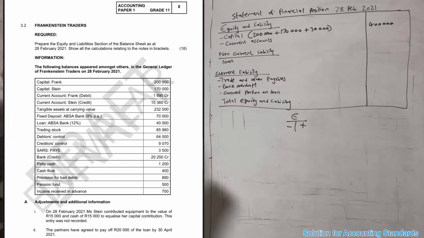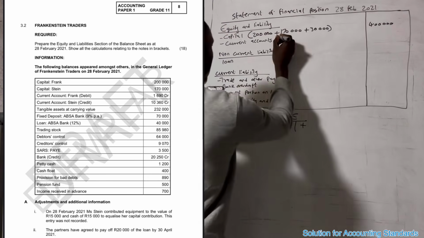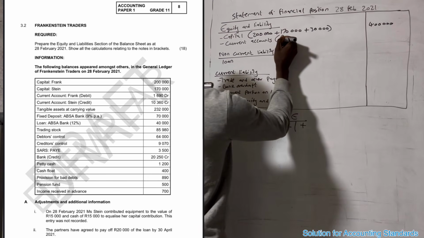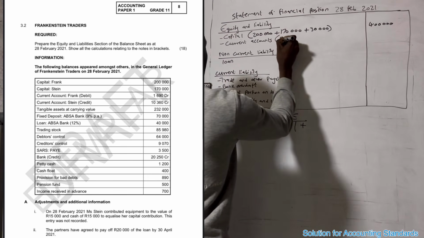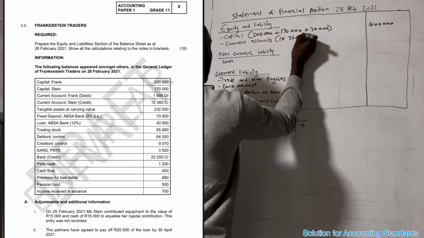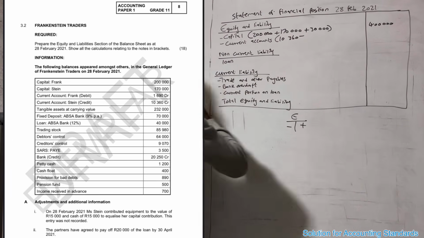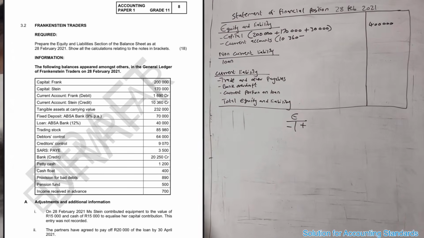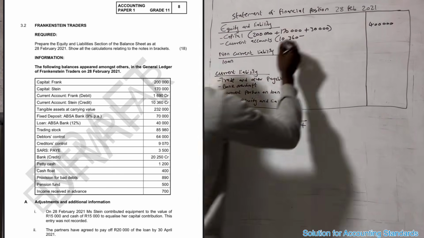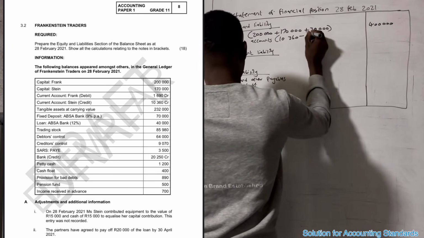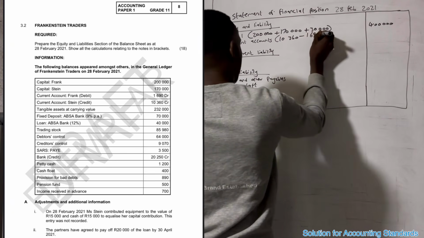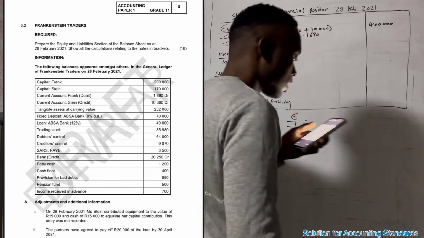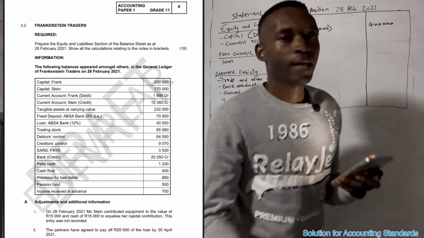Okay, let's start with the credit one of 10,360 for Stein's current account. 10,360, and because the one for Franc is negative, we have to subtract. How much are we going to subtract? 1,690, because it's indicated that it's debit. In other words, it's negative.